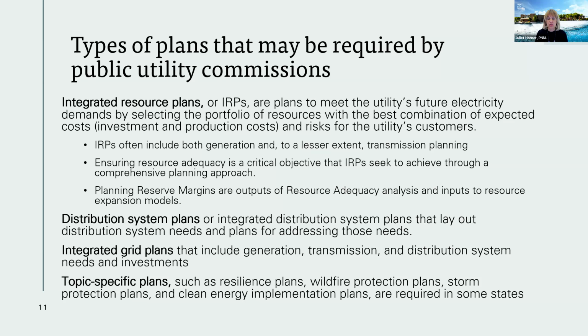So IRPs try to devise portfolios that will reduce investment costs and production costs. IRPs often include both generation and, to a lesser extent, transmission. And ensuring resource adequacy is a critical objective of IRPs. The planning reserve margins are outputs of a resource adequacy analysis, and then they can be inputs to the capacity expansion modeling that happens in integrated resource plans.